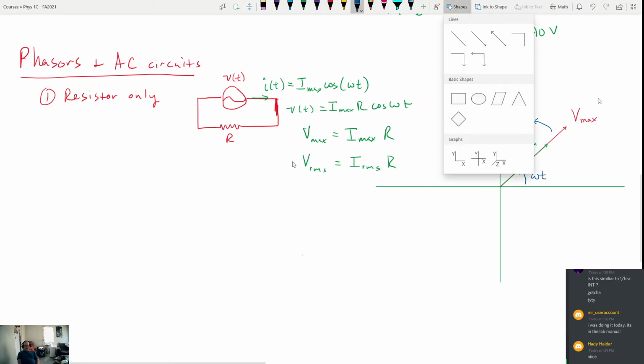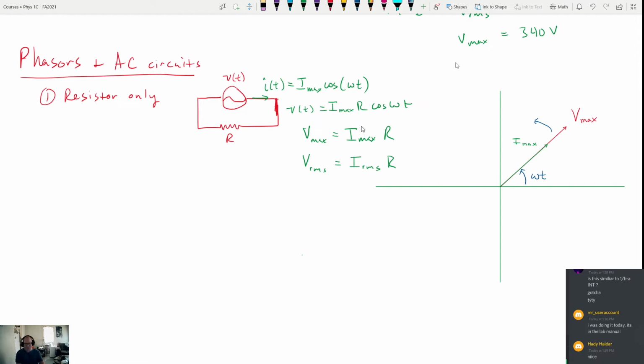And then what we can do is we can say, if I take a projection of my Vmax down to the x-axis like this, and I also take a projection of Imax down to the x-axis like this, then because the current is cosine omega t times Imax, and the voltage is cosine omega t times Vmax, the length of this line down here at the bottom is going to be the instantaneous voltage.